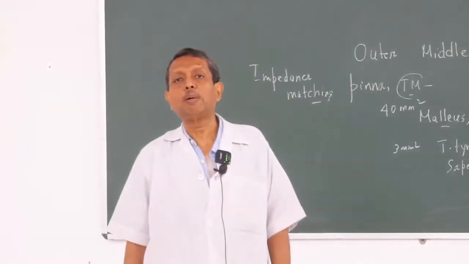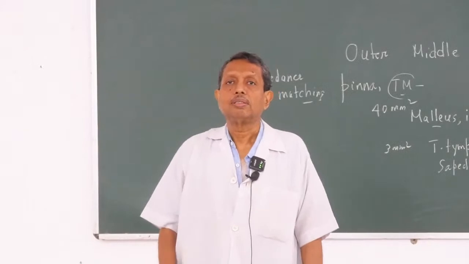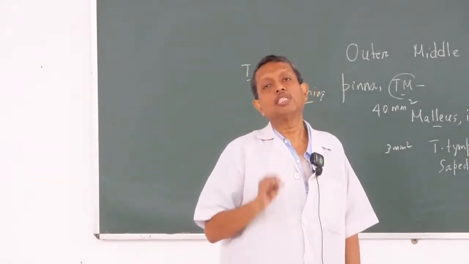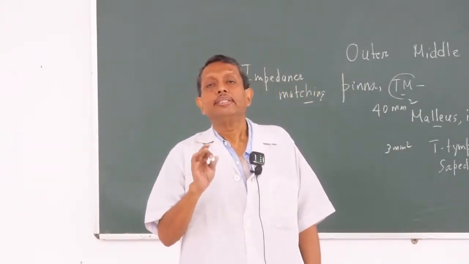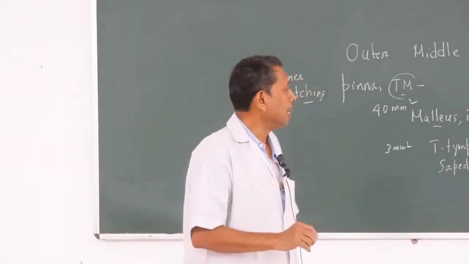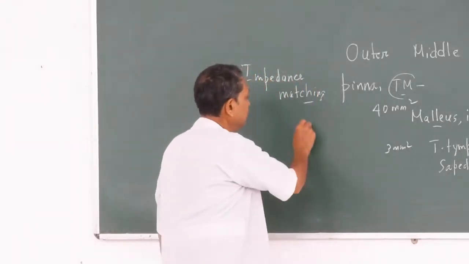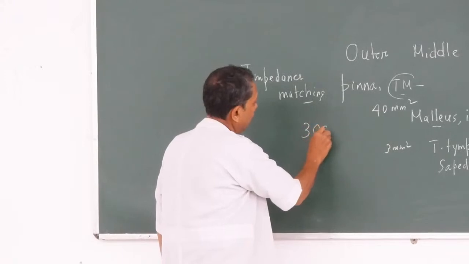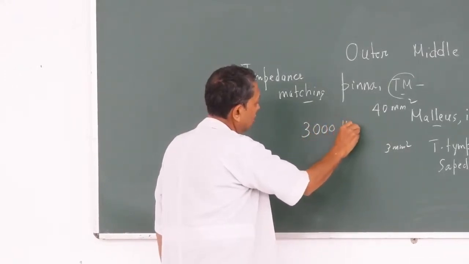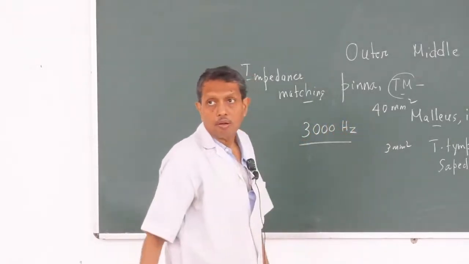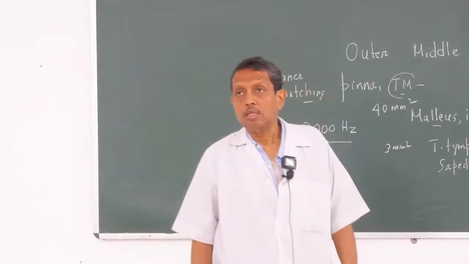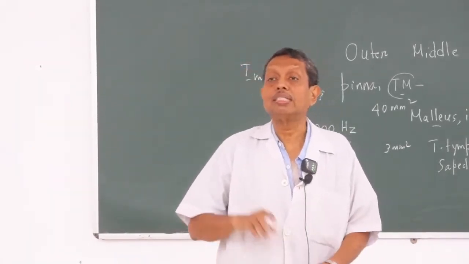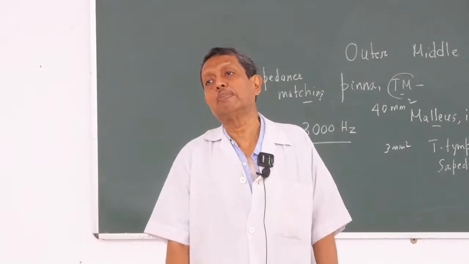and in this way 60% of the energy can be conserved when the frequency is around 3000 Hertz. So much of the energy is conserved. It is called impedance matching device.